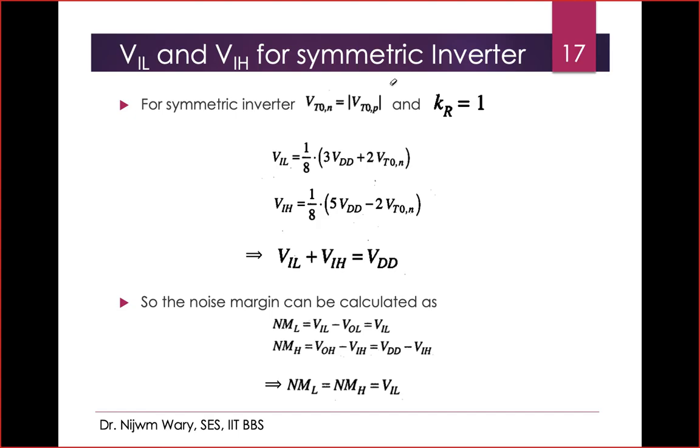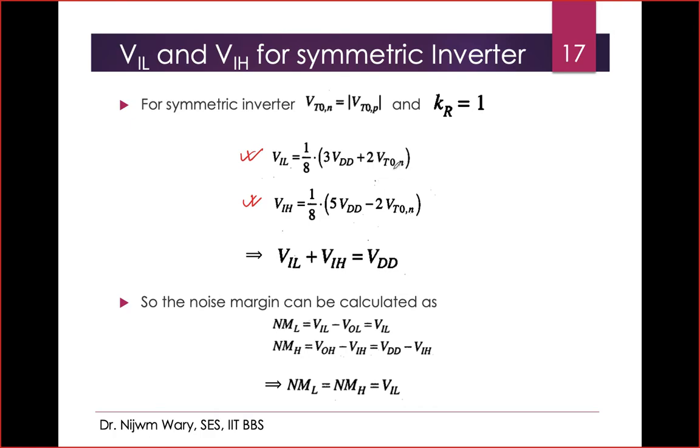With that condition, again we can resubstitute in the previous equations that we have got for VIL and VIH. If I resubstitute it, I'll get this kind of expression. So the expression will be very simplified.